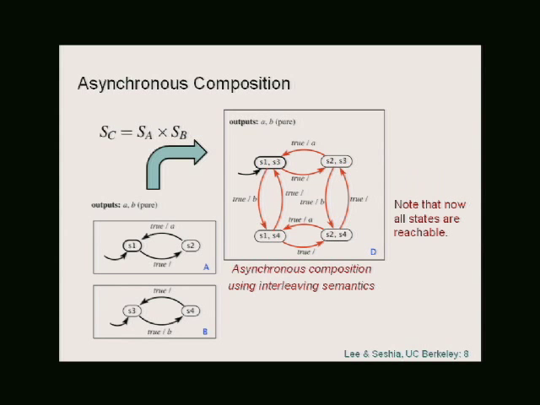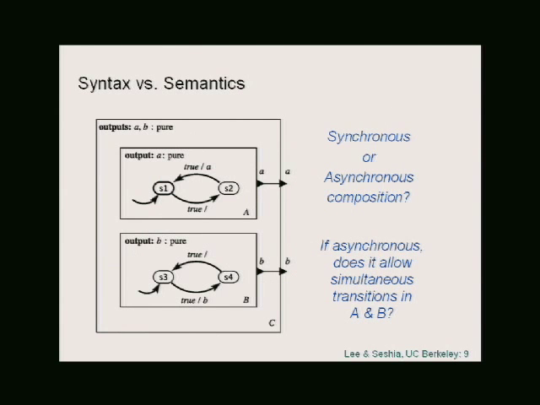So one thing to note is the difference between syntax and semantics. When you use a modeling tool, what you will get, if you just draw the diagram, is something like this. And so here it's the same example we saw in the previous two slides. You're combining actor A and B. You get an actor C with two output ports.